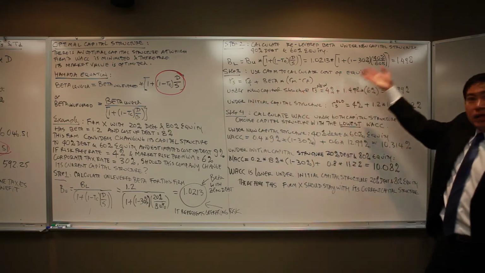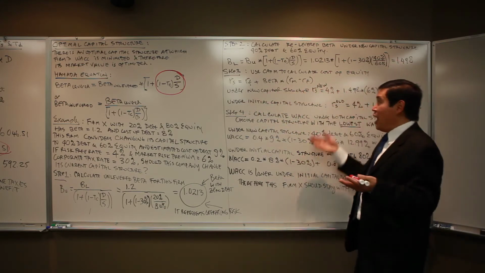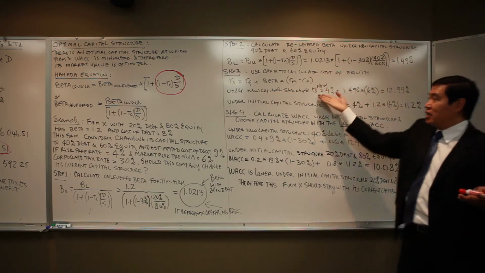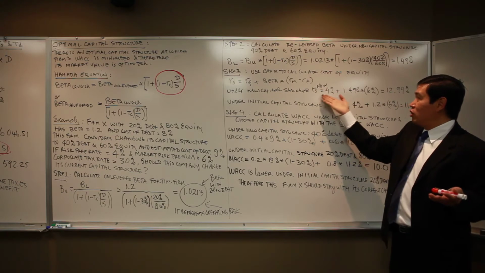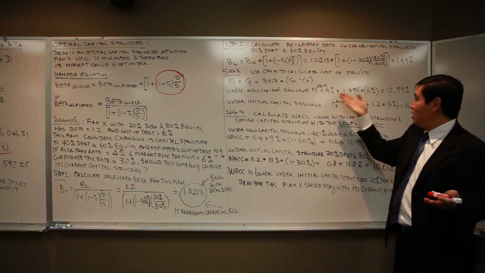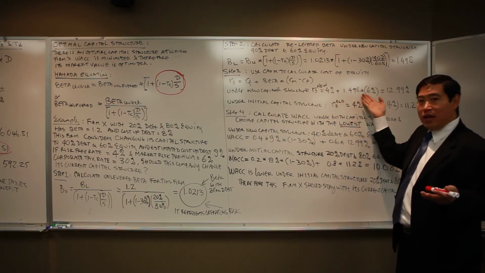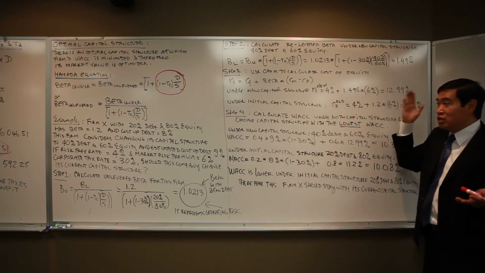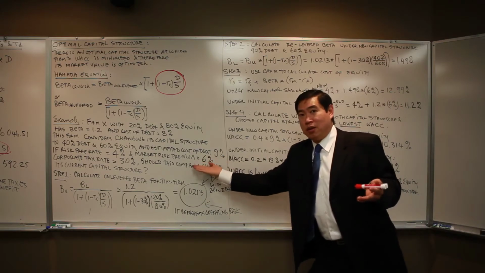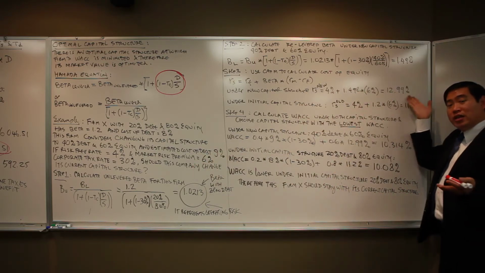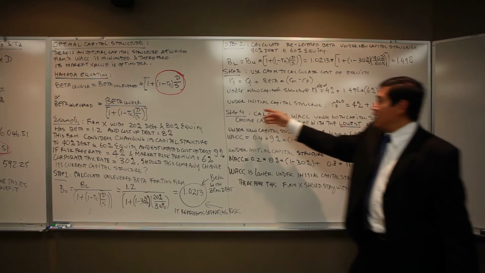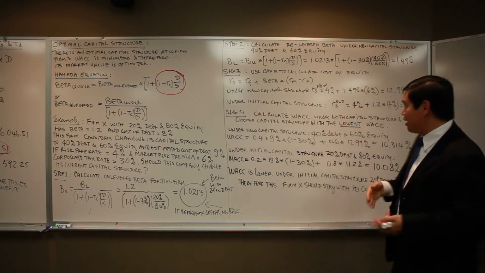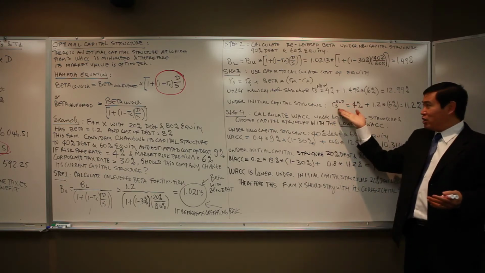So we calculated the cost of equity under two capital structures. Under the new capital structure, the cost of equity is equal to 4%, which is risk-free, plus 1.498, which is the relevered beta, times 6%, which is the market risk premium. We get 12.99%.